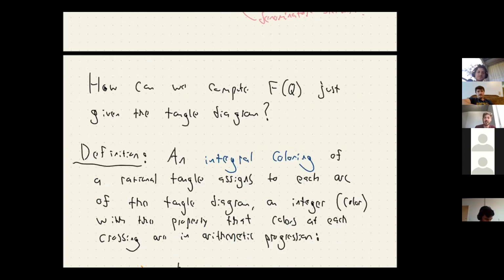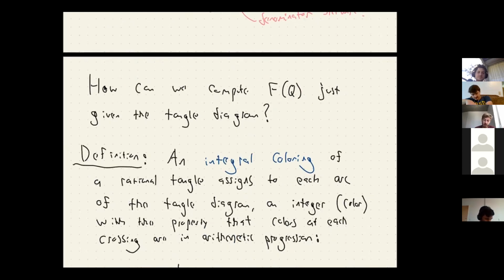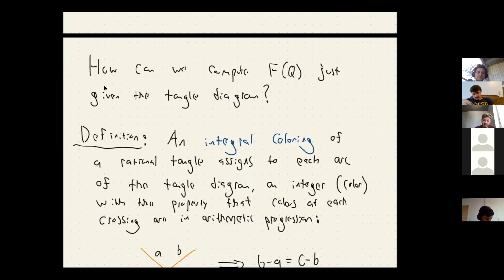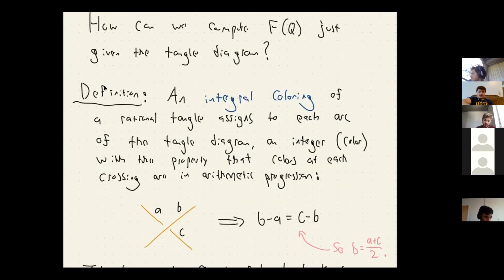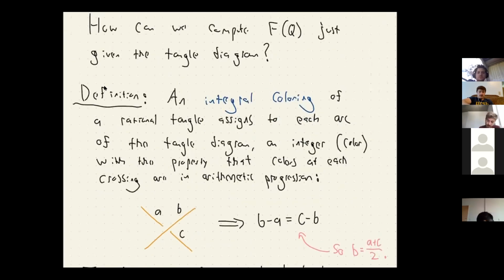this thing called a coloring of a tangle. So what's a coloring? How can we compute this fraction f of q given a tangle q just by looking at the tangle diagram? We've got this definition, which is an integral coloring of a rational tangle.